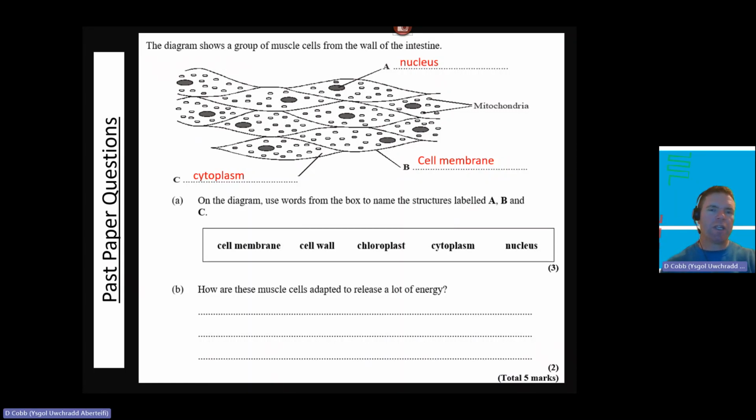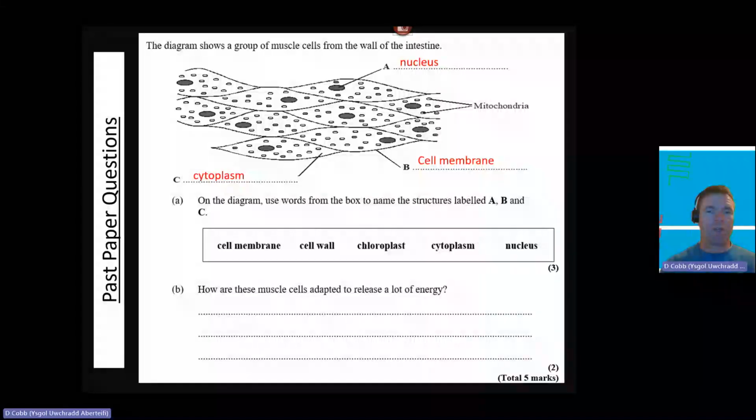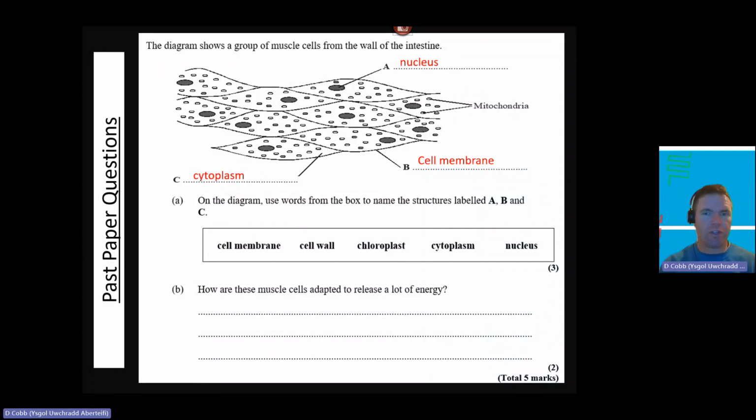So what do we know here? We know that these cells contain mitochondria, and we can see there's an awful lot of mitochondria on there. We need to know what mitochondria do, and our link here is that they told us about a lot of energy. Well, where's energy relevant? Energy is relevant because mitochondria carry out respiration, which is the release of energy.